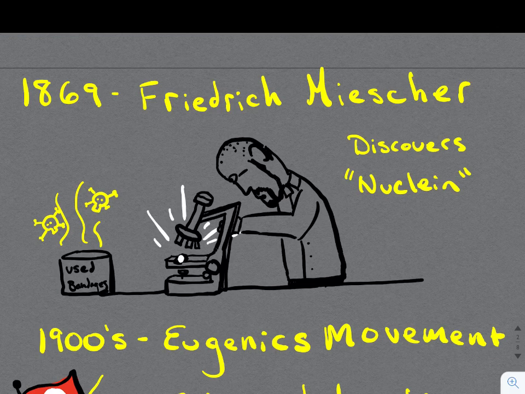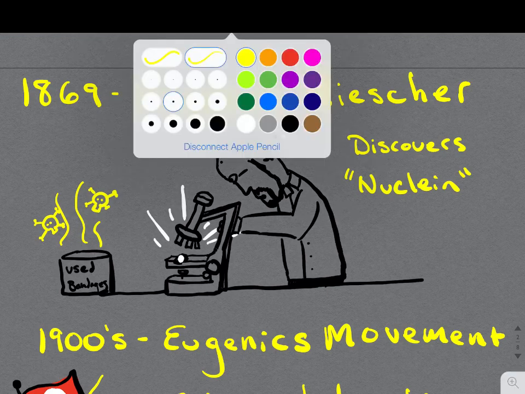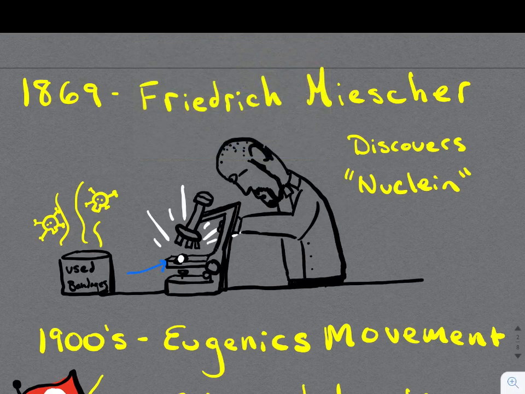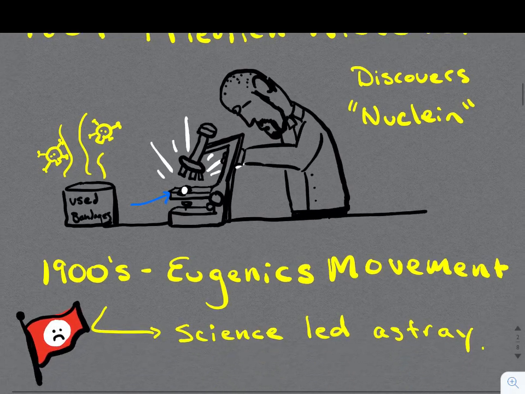He looked at pus, for example, in an infection, and he realized that there was a new substance in there, and there was a substance that he called nuclein, because he knew that it originated within the nucleus of cells. And so here's Friedrich Miescher checking out some bandages on his microscope here. But he knew it was unique.